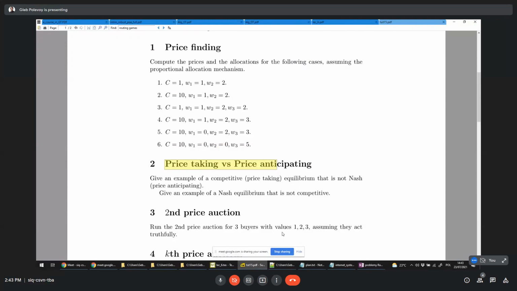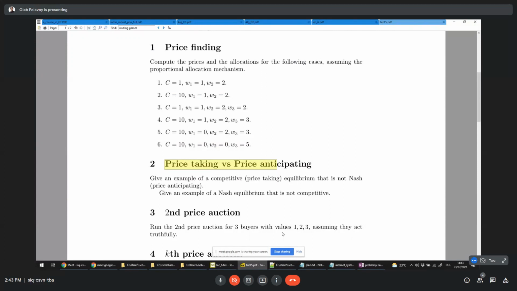That's something we spoke about: price taking and price anticipating mechanism. And because again of this calculus confusion, it was quite hard maybe to get the intuition. So we said that this is basically a different thing in general.